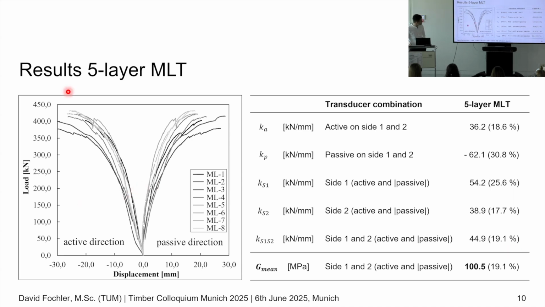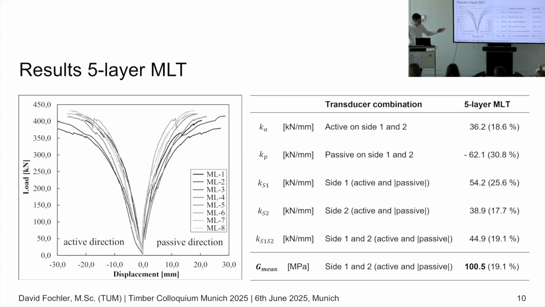You can see it even here in the graphic. It's a much higher deformation. And on top, the difference between each specimen was quite high. As we see here, the coefficient of variance goes up to 30%.